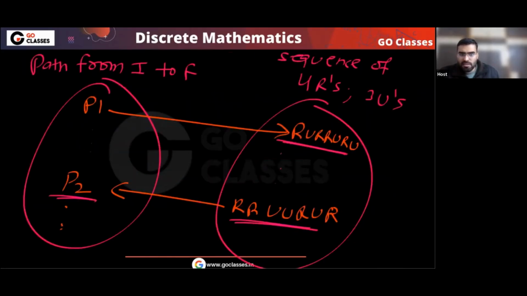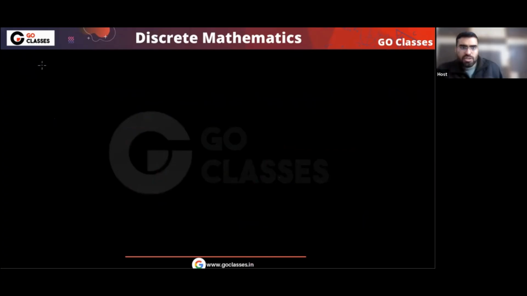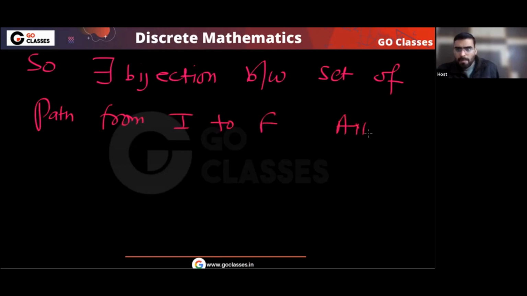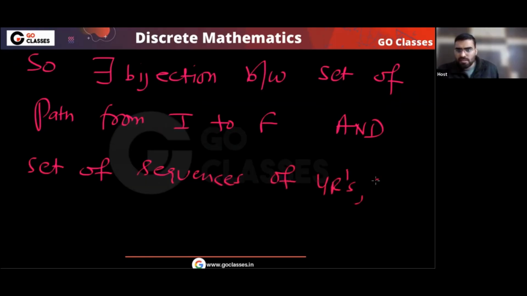So what I can say, tell me? Can anyone tell me what I can say? So there exists a bijection between the set of paths from I to F and the set of sequences of 4 rights, 3 ups.